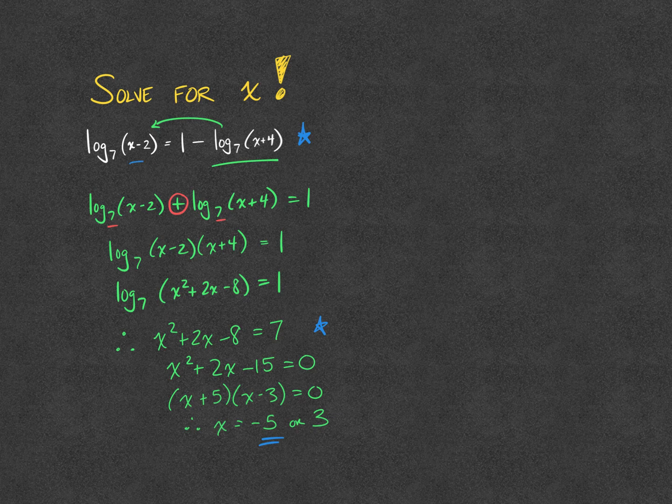Inside that second log, I'm going to end up getting a negative result, and I cannot have a negative inside my log. 7 to any exponent will not give me a negative value. And so I would have to mark that -5 as inadmissible.